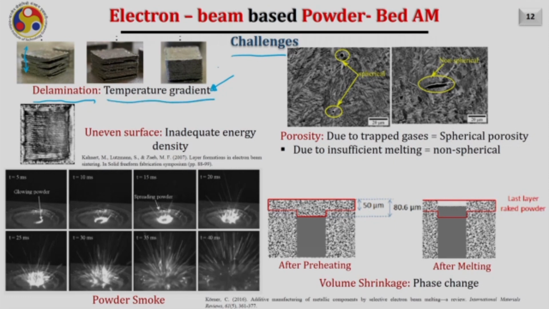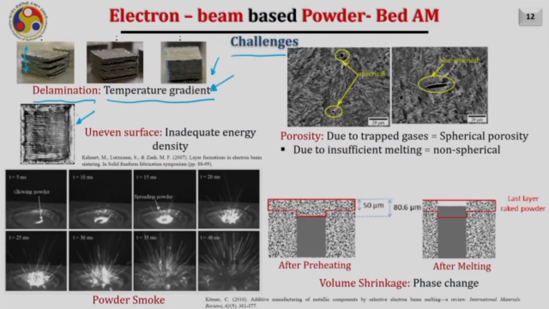If we are able to reduce the thermal gradient, this issue can be eliminated. We have some advantages in electron beam as we are going to utilize it for preheating as well. Therefore, if you do the preheating before actually melting the particles, then the thermal gradient can be drastically reduced in this case.